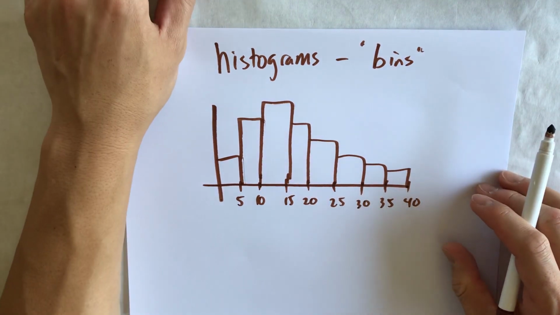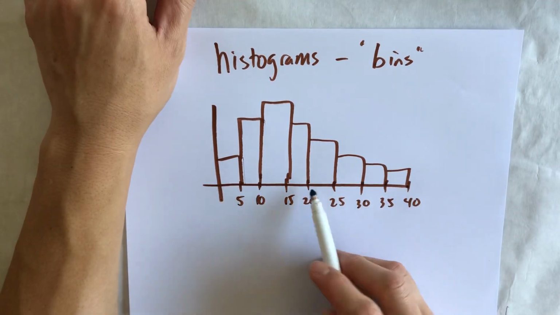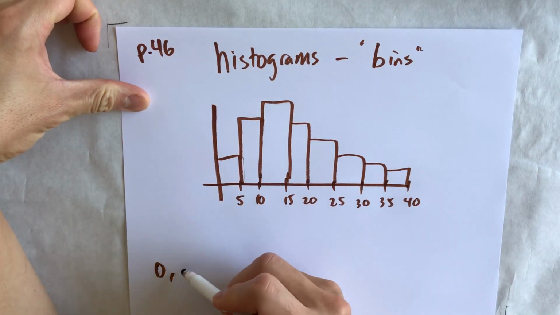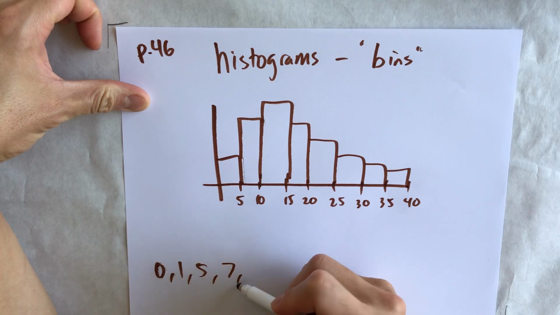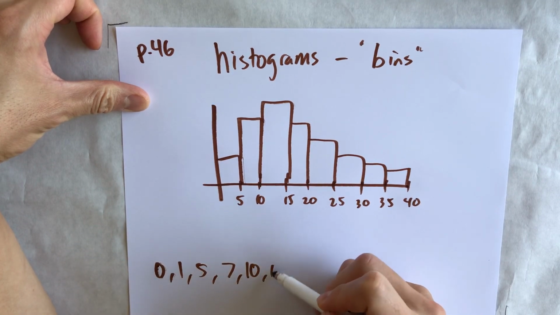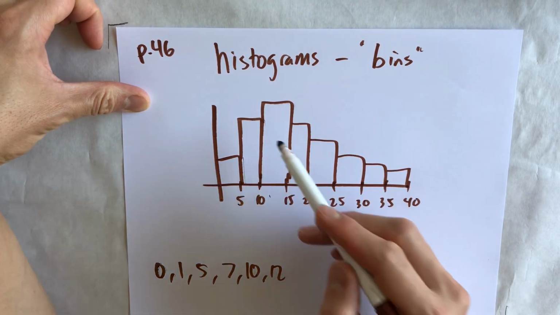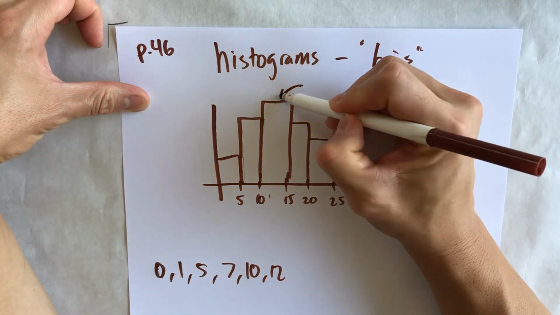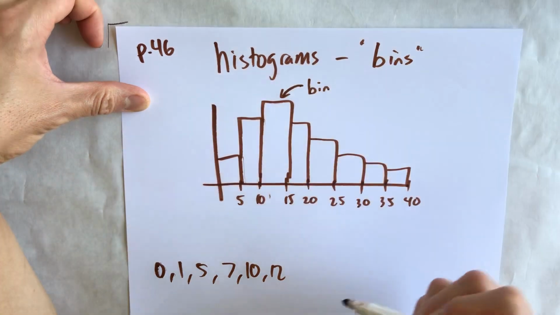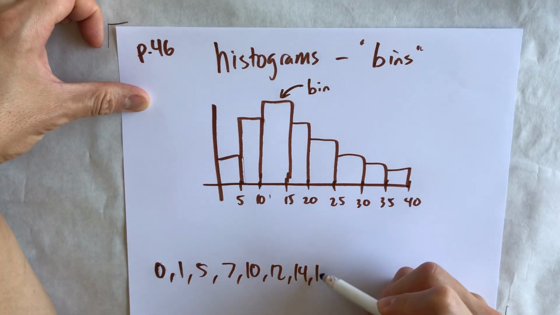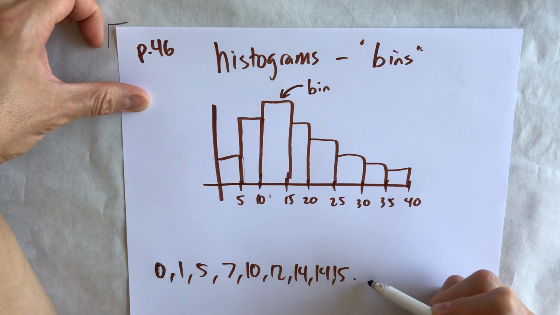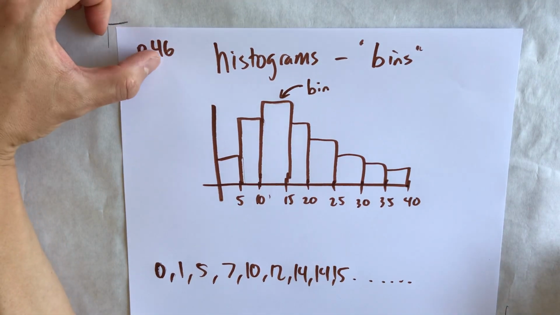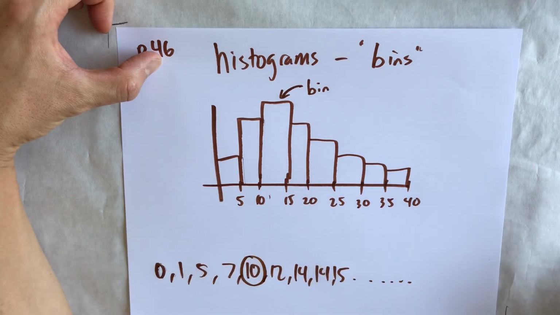So this is a distribution, and we don't know actually what the numbers are, but they could be anything from like 0, 1, 5, 7, 10, 12. It looks like our 10 to 15 bin. Each of these bars is called a bin. This is what we call a bin. 12, 14, 14, 15, and so on. Whatever this distribution is. Now, what do we do with this 10 right here?